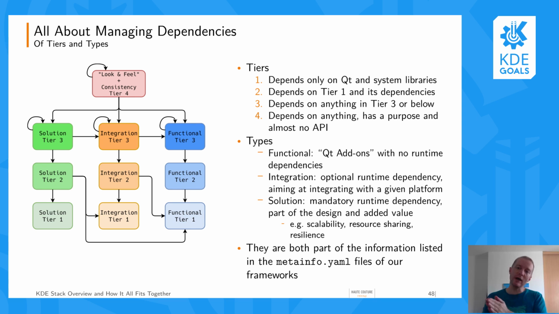But at every step of the way when we are making them evolve, one of the intentions is, if I'm looking at something which is integration tier 2, for instance, and I'm touching it because I'm doing some maintenance or something, do I have an opportunity to actually move it to integration tier 1? Right? And in that case, I should do so. Okay, that's what we were looking at, right? That in some way we would push everything down and potentially to the right.